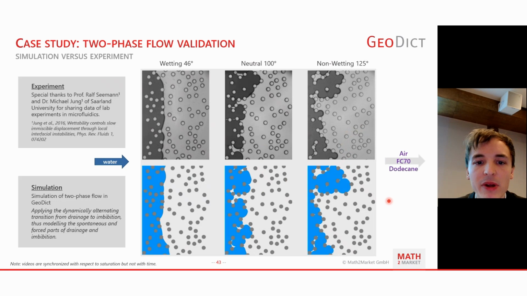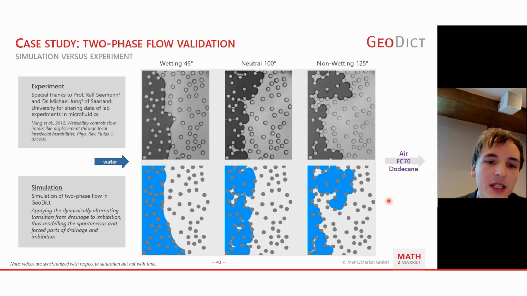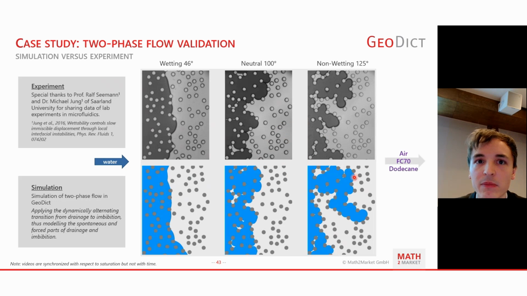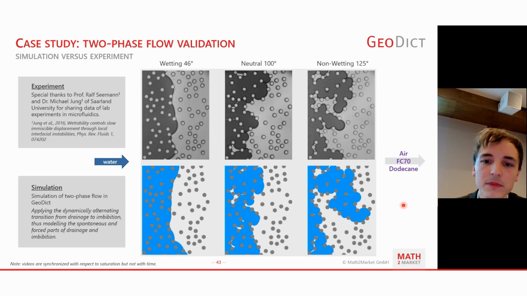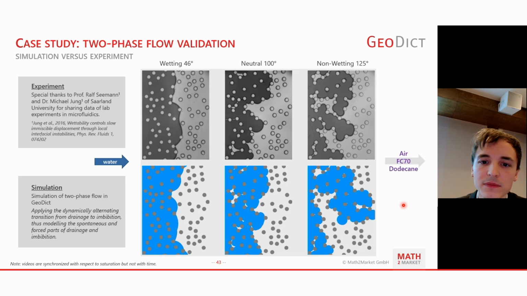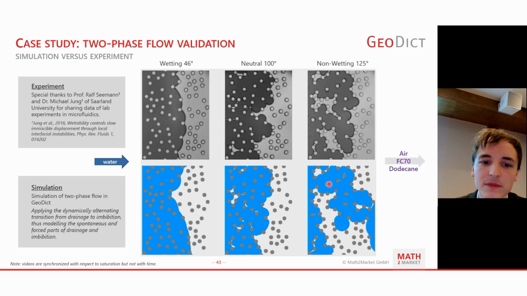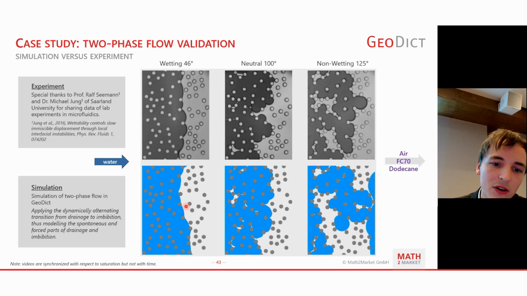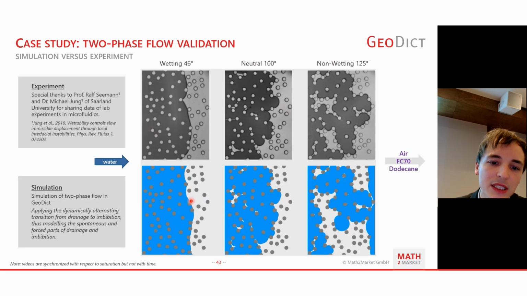As the pore morphology method is a quasi-static and non-dynamic method, these videos are synchronized with respect to saturation, but not with time. And as you can see, you can also see how the surface flips as soon as it touches the cylinders here.